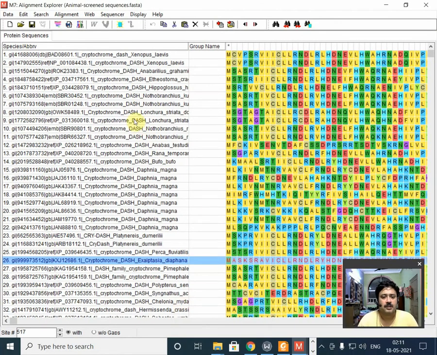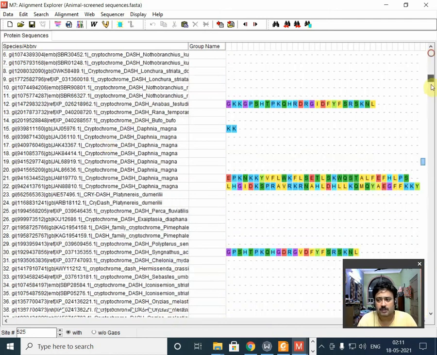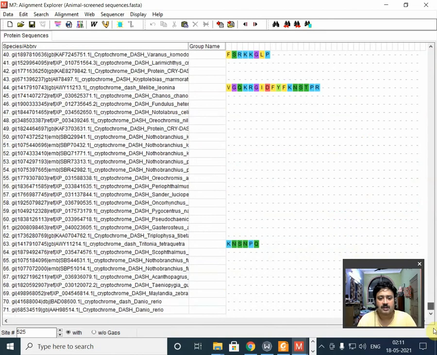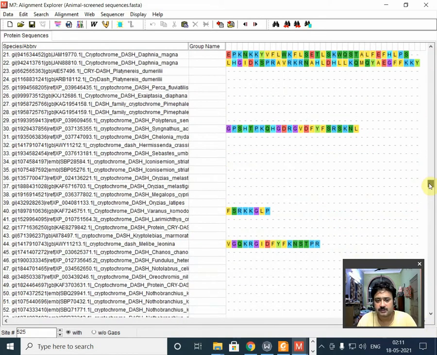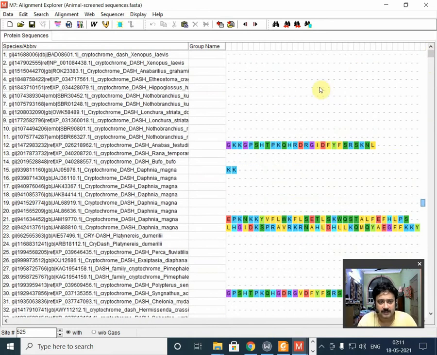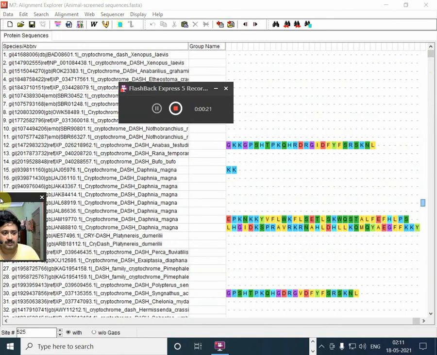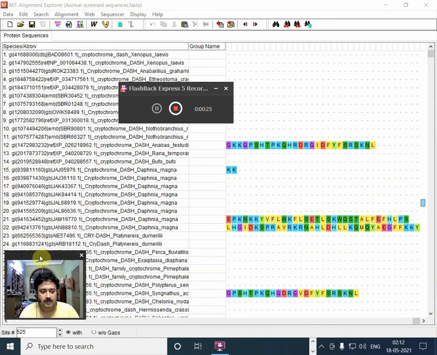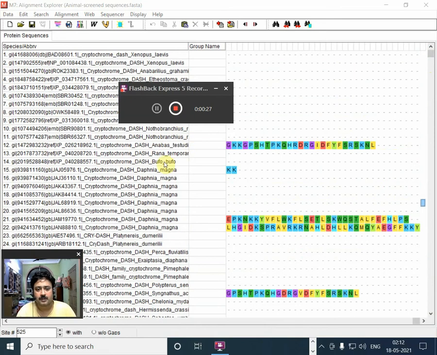Alright. So suppose this is the whole data that we have. In total you have 71 sequences. Each of these 71 sequences obviously varies in the length of its amino acids.